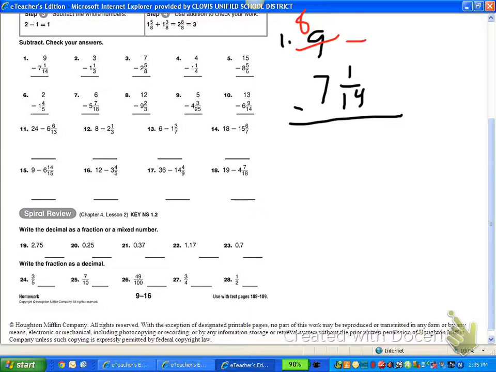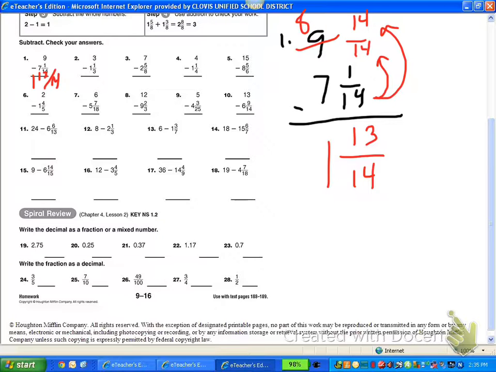My new fraction is going to be 14/14, because again, this denominator tells us how to make our new fraction. 14 minus 1 is 13. Denominator stays the same. 8 minus 7 is 1. So my answer for number 1 is 1 and 13/14.